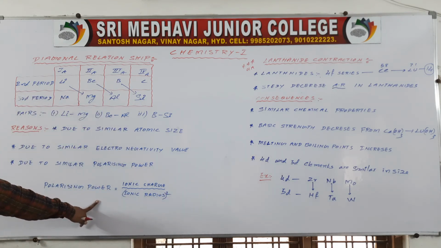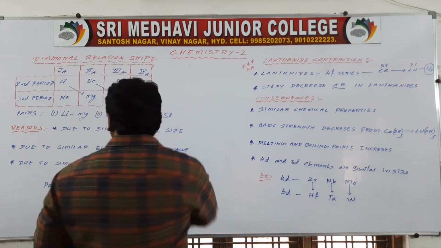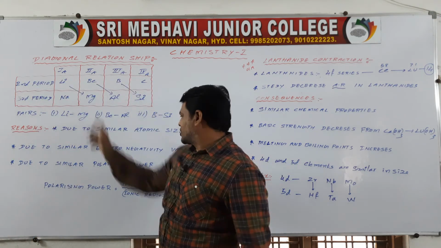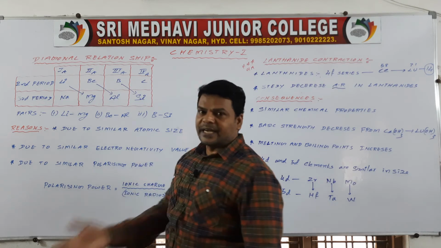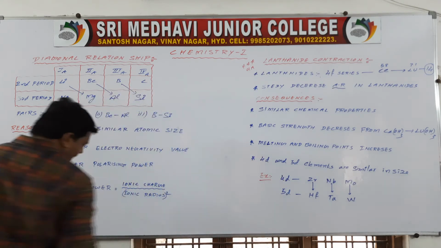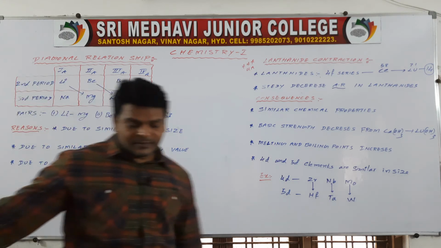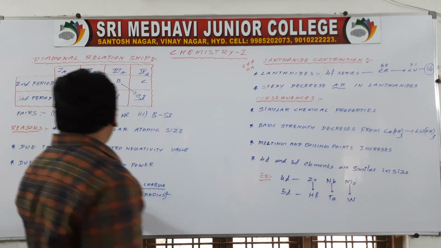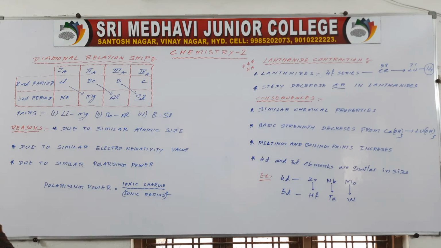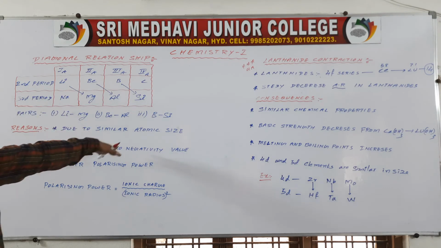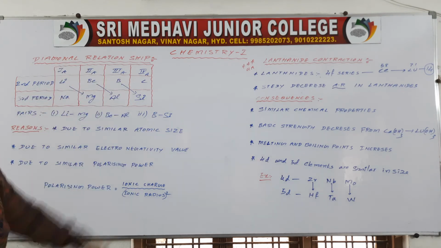It is nothing but polarizing power. An ion can form a positive charge or negative charge, divided by its radius. Every ion has a radius, and the charge divided by the ionic radius square is called polarizing power. Okay, then this is a diagonal relationship.